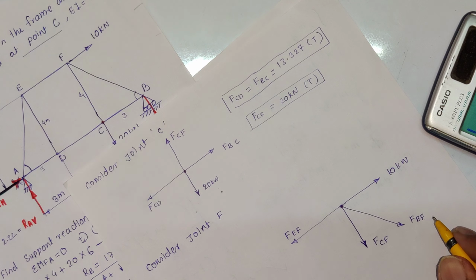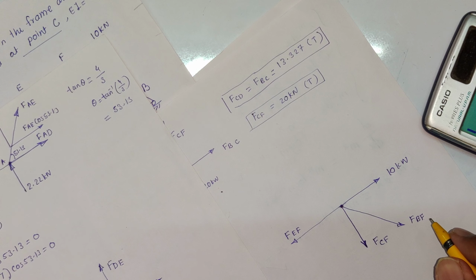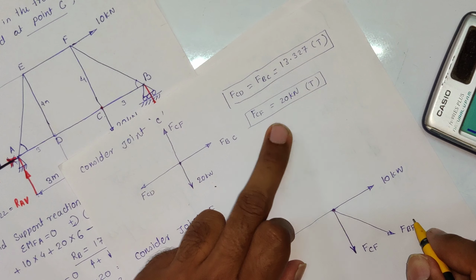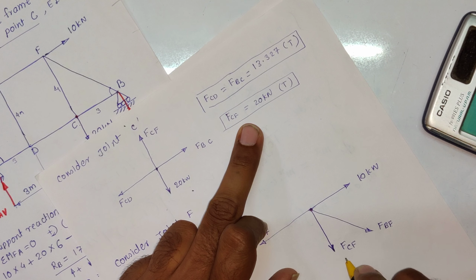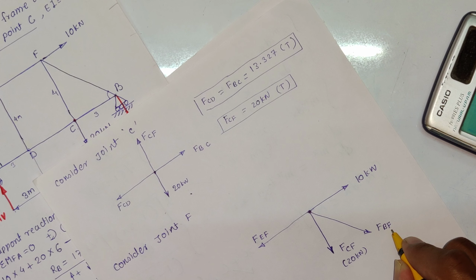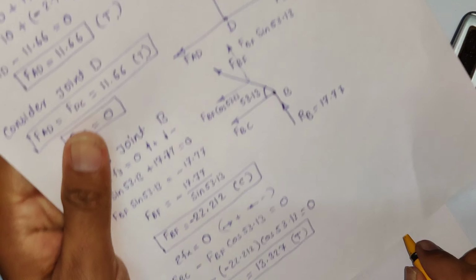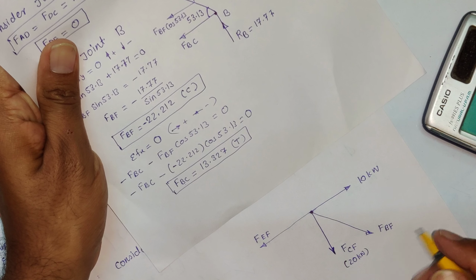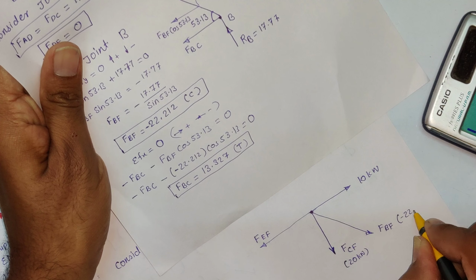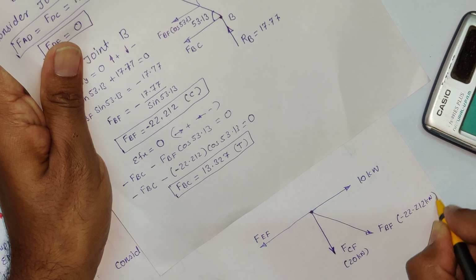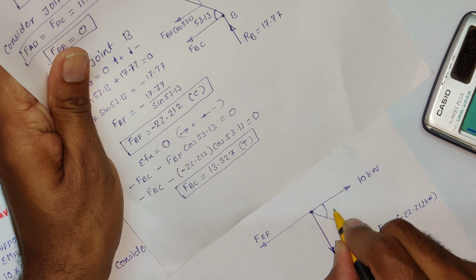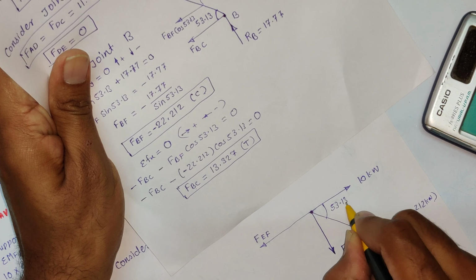We have some values: CF is equal to 20 kilonewton. BF is minus 22.212 kilonewton, and you can say it is an alternate angle also, 53.13.